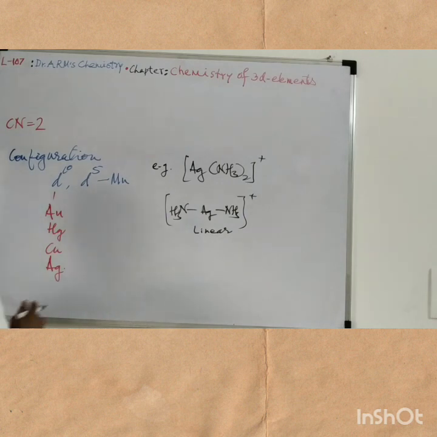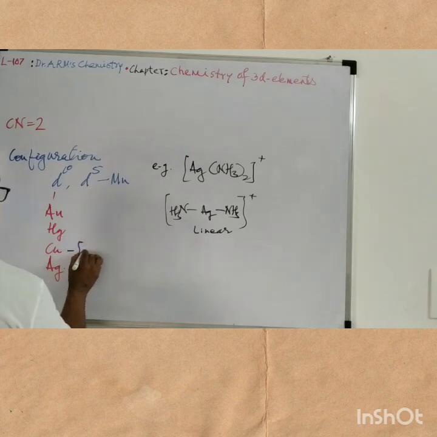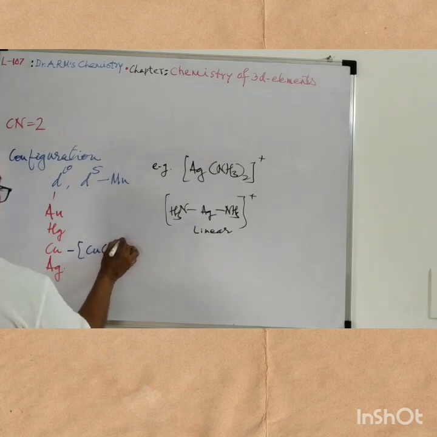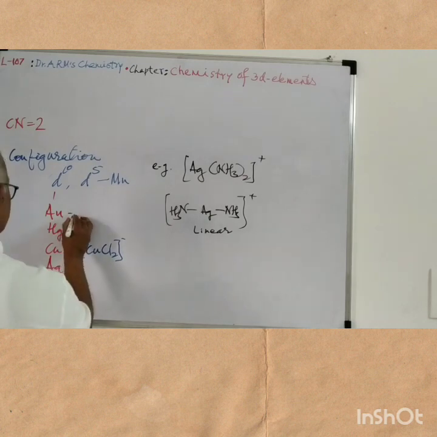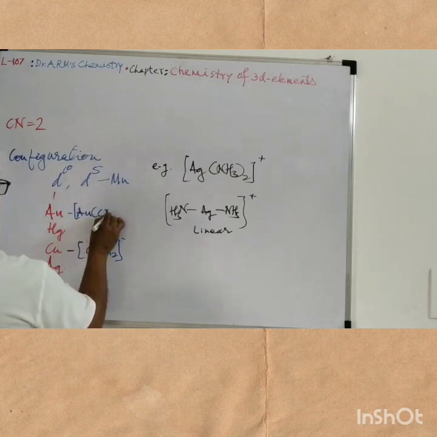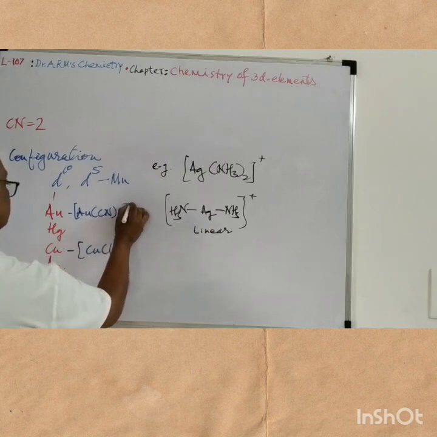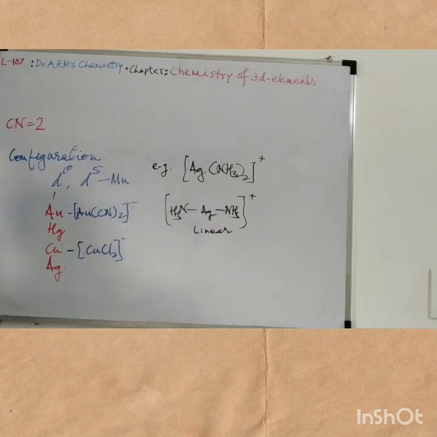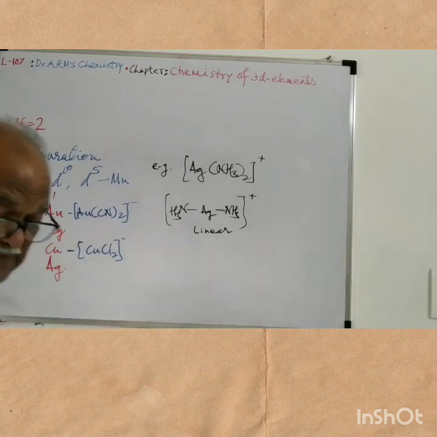We can have various examples of these structures. If we take silver, we can have this example. Similarly, if we take copper, the example is CuCl2 minus. Then if you take gold, it has Au(CN)2 minus.